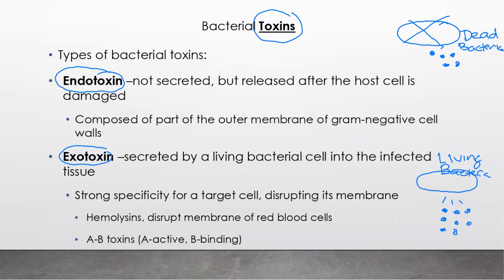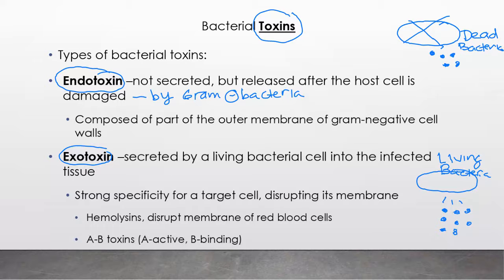Okay, so the endotoxin is produced only by gram-negative bacteria. So only gram-negative bacteria have the ability to produce the endotoxin when they are destroyed.